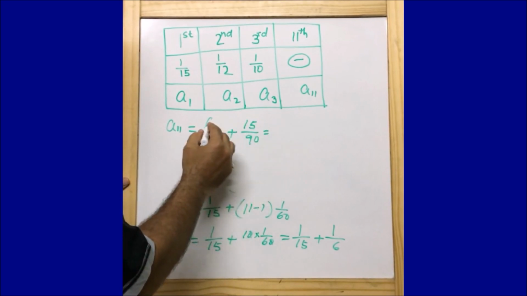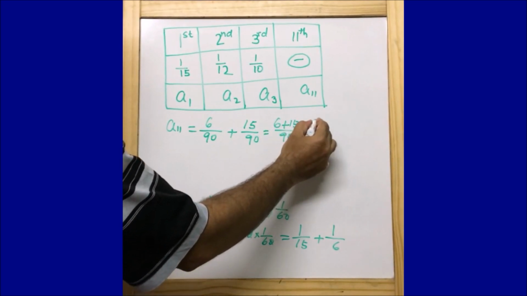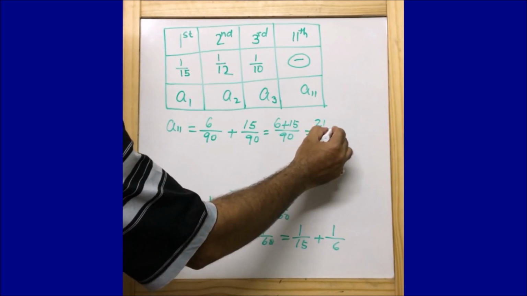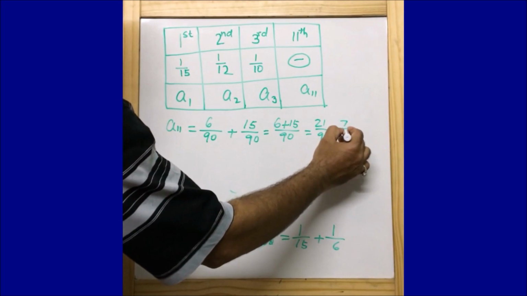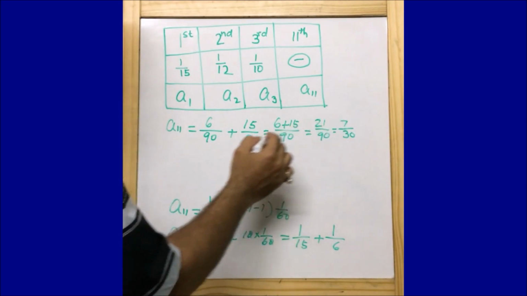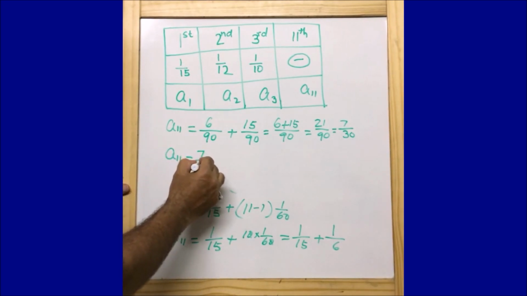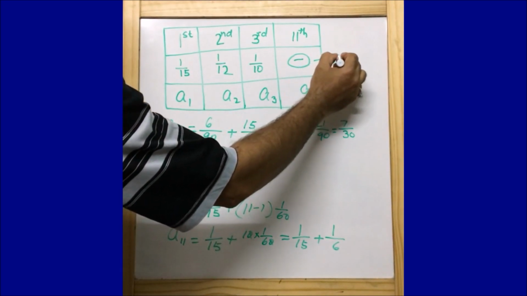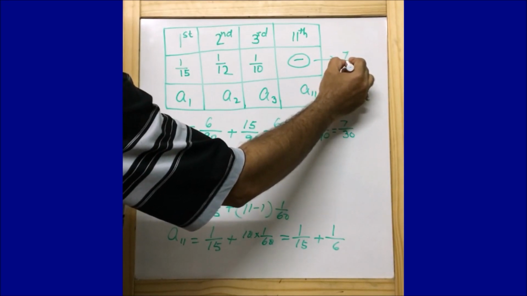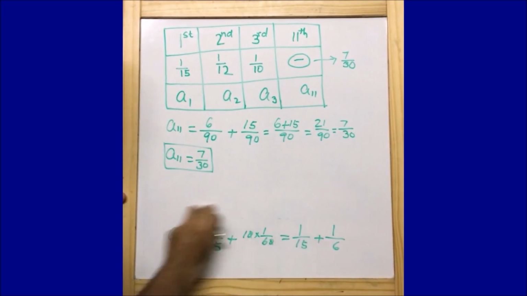So that is equal to (6 plus 15)/90, which is 21/90. Further solving, 3 sevens are 21 and 3 thirties are 90. So we got the value of A11 as 7/30. Now we will use this value to find the sum of the 11 terms.